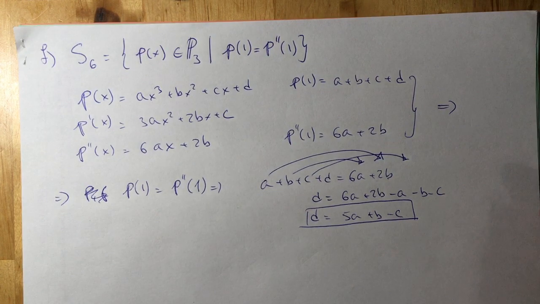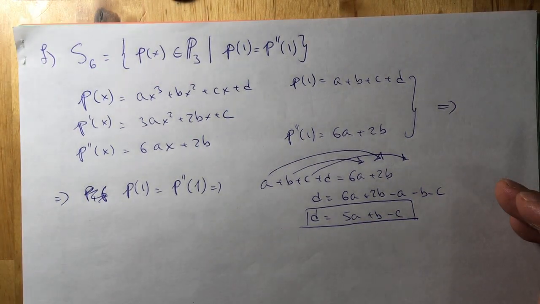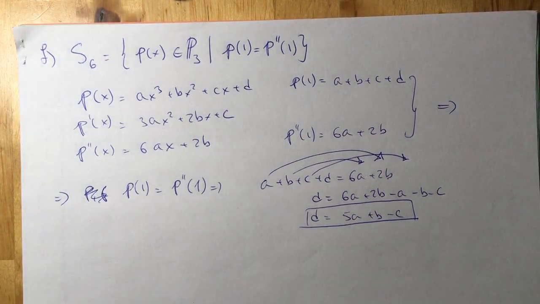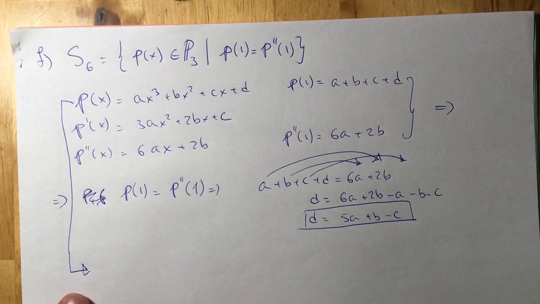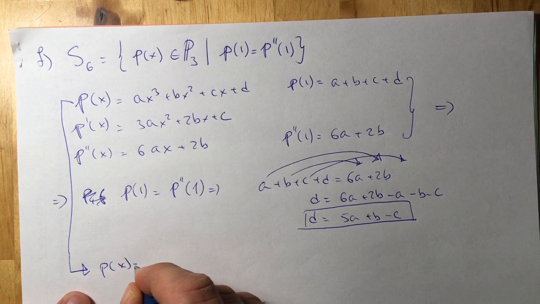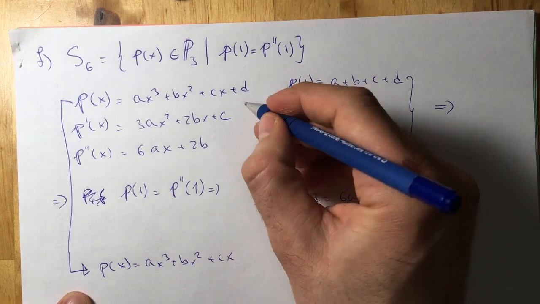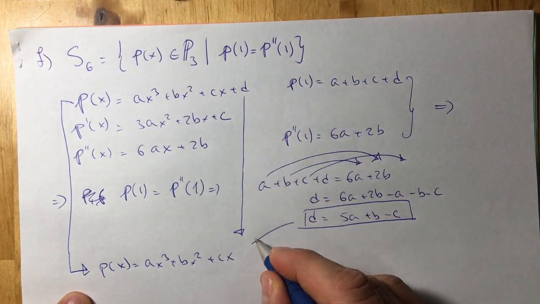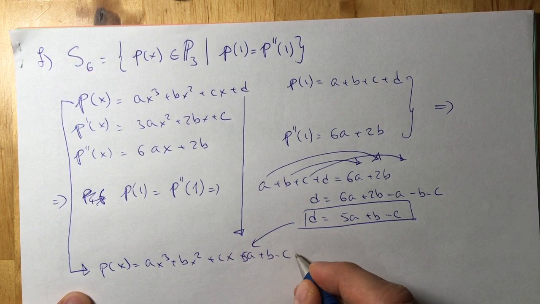Okay, once I have this relationship between d and a, b, and c, I will go back to the most general polynomial, and then I will express p of x as ax cubed plus bx squared plus cx, and now instead of d, I write the expression that I found in terms of a, b, and c, plus 5a plus b minus c.